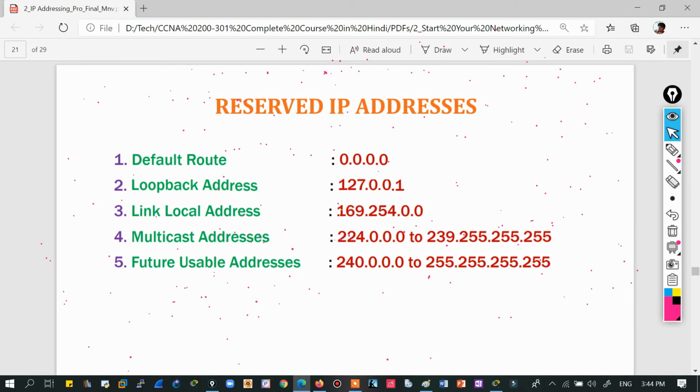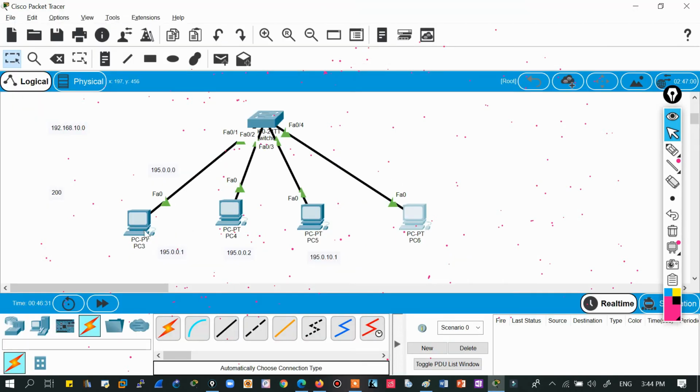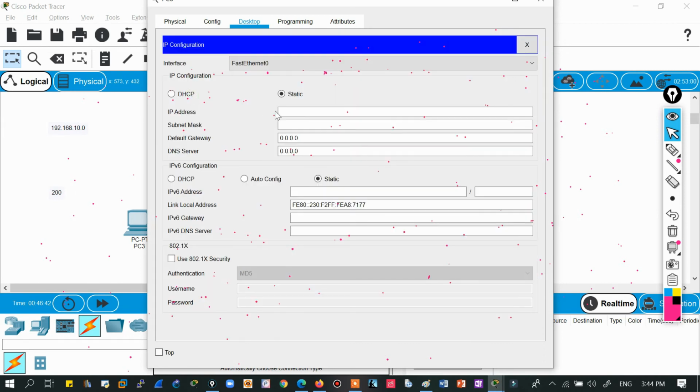Now link local address. Link local means what? My PC needs to have some IP address. Now when I discuss the types of IP addresses, there are two types, static and dynamic. Static means what I'm doing right now, assigning some IP. The network admin enters the values by himself or herself, it is a manual process.